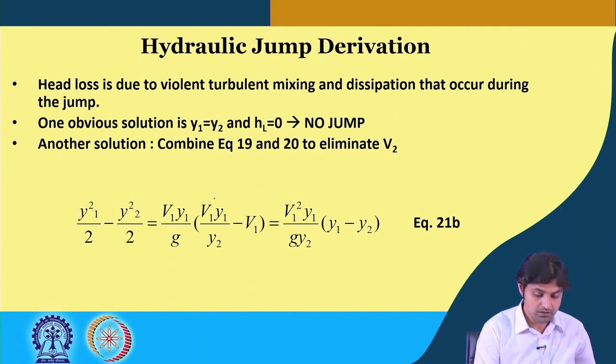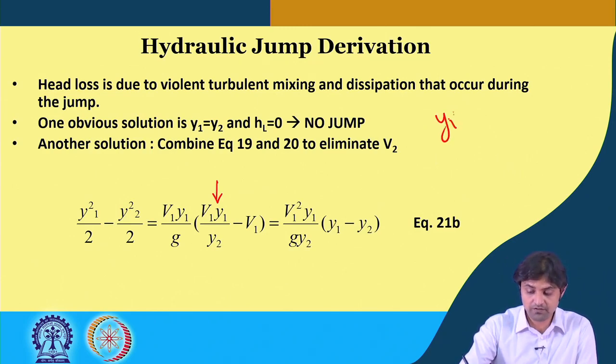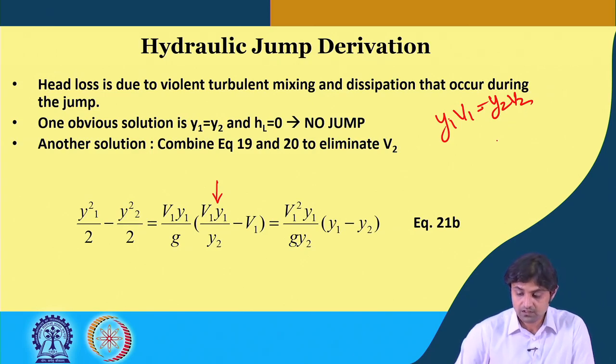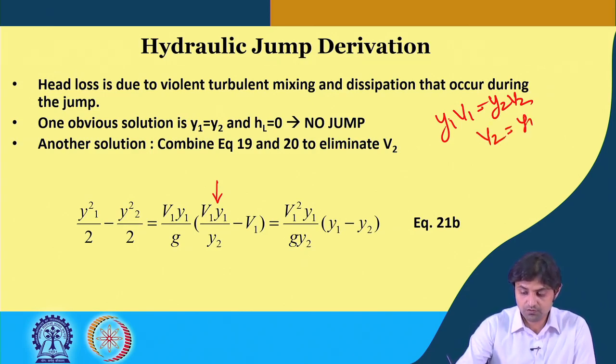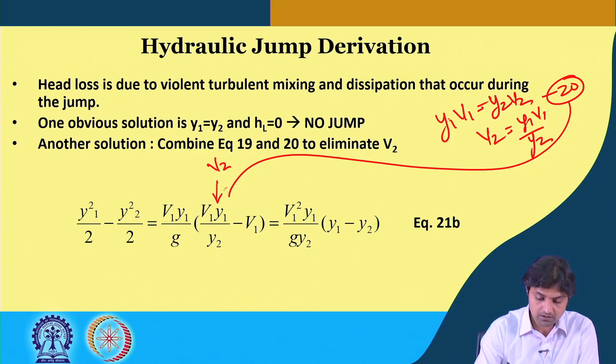So, using the continuity equation that y1 V1 is equal to y2 V2, we have written V2 is equal to y1 V1 by y2. So, instead of V2 we have used equation number 20 here, and we can take V1 outside as well, and y2 also.